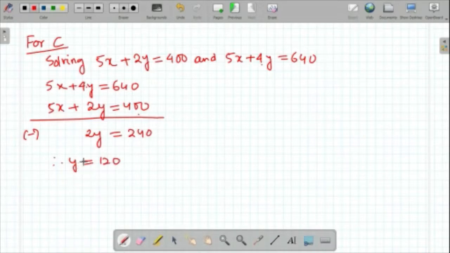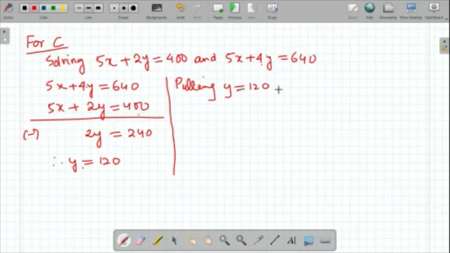Now put back the value of y in any of these equations, right? So here you can write, putting y equals to 120 in, let's say, 5x plus 2y equals to 400.